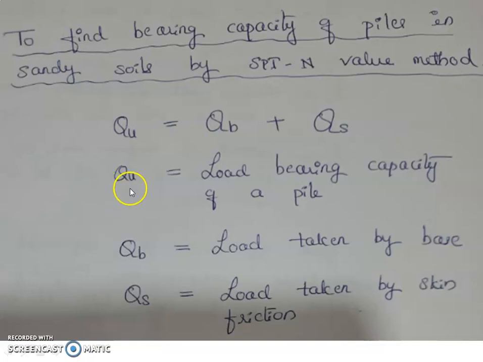where Qu is load bearing capacity of a pile, Qb is load taken by base, and Qs is the load taken by skin friction. So the total load acting on the pile is taken care of by the load at the base and by the skin friction which acts throughout the length of the pile.